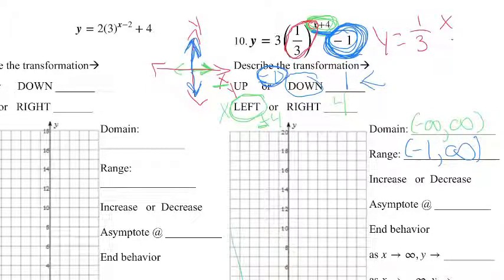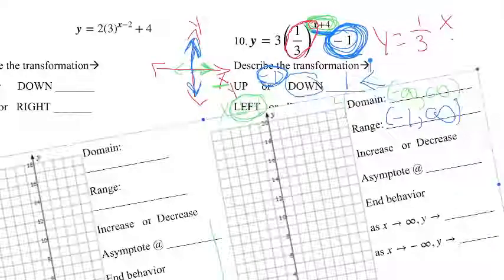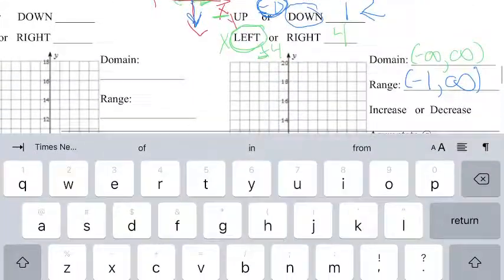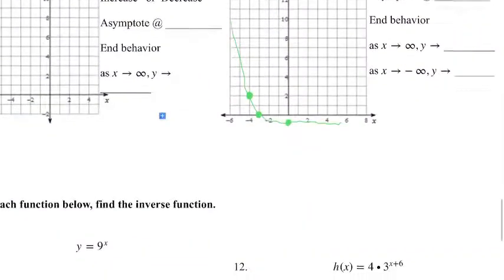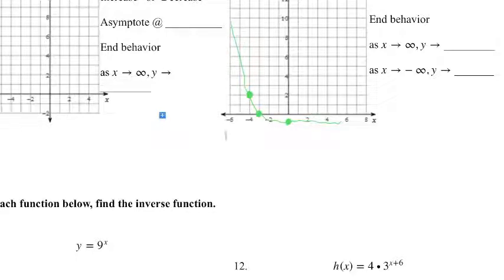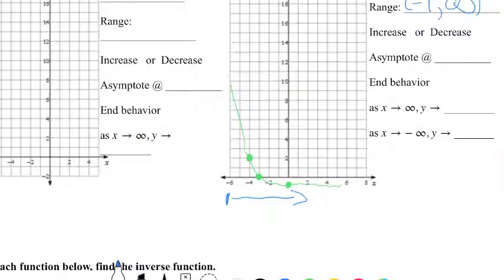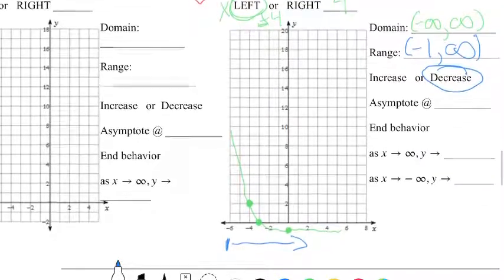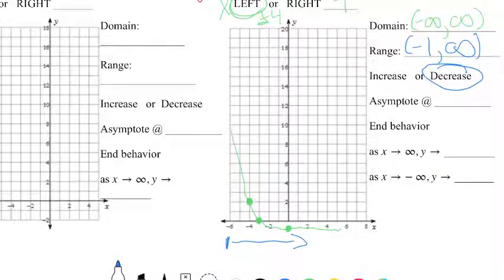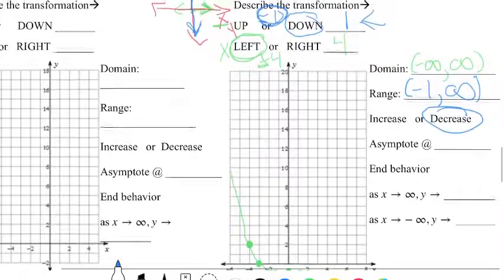Now, reading left to right, our graph is going down, so it is decreasing. Our asymptote is one of those ones that has to match everything of our vertical shift.